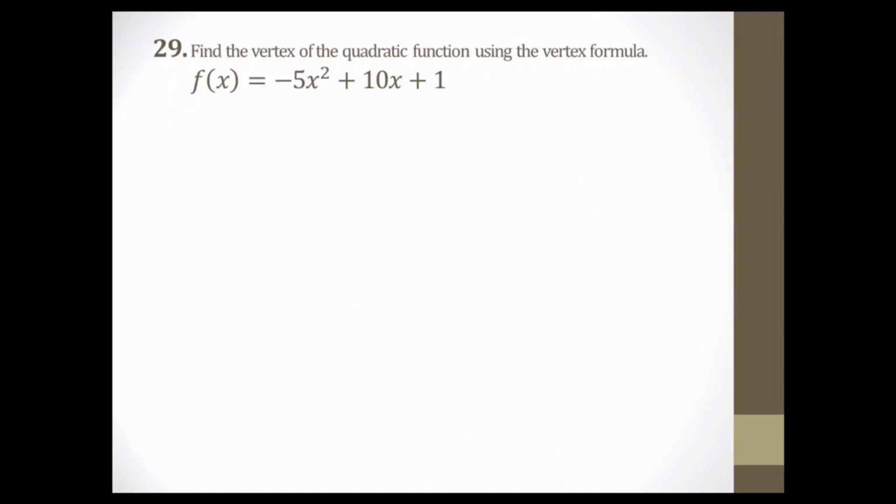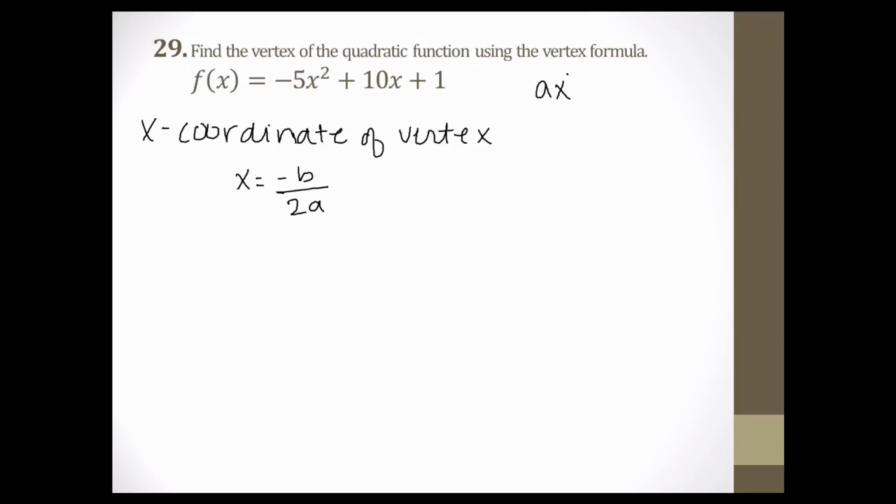Find the vertex of the quadratic function using the vertex formula. So to find the vertex of a quadratic function, we need to start by finding the x-coordinate of the vertex. That's going to be x equals negative b over 2a. And remember, the standard form is ax squared plus bx plus c.